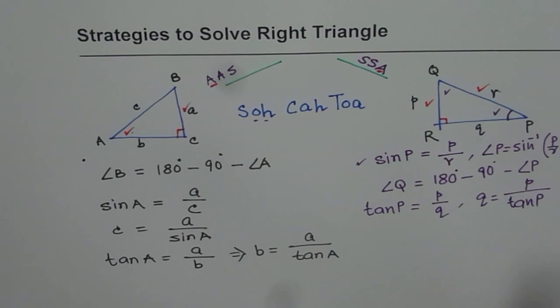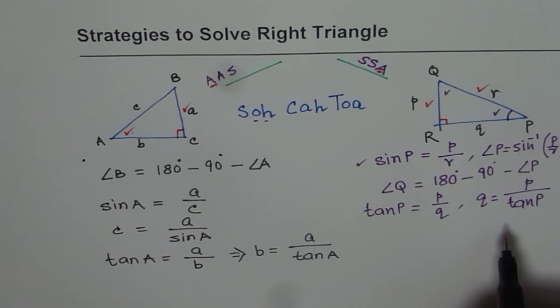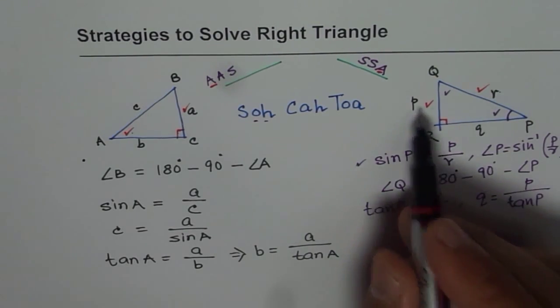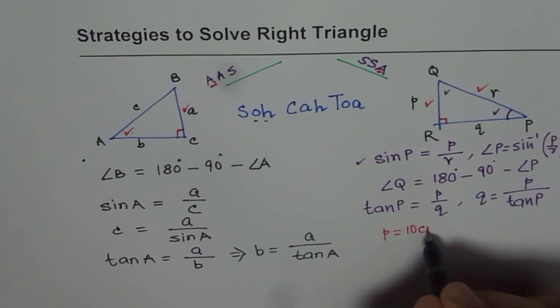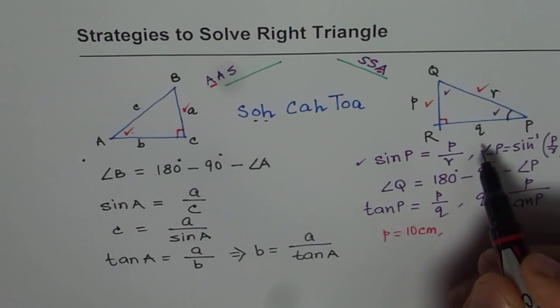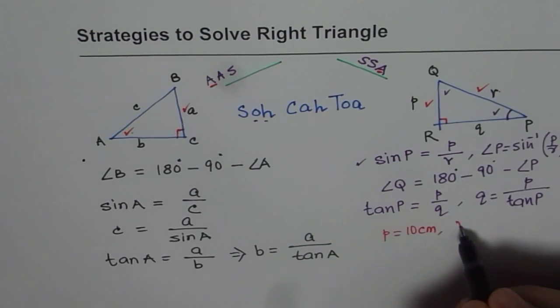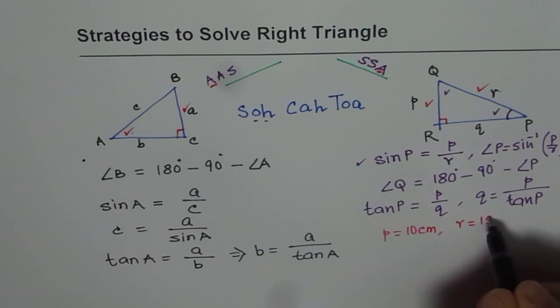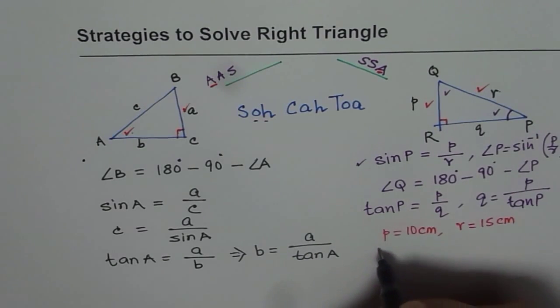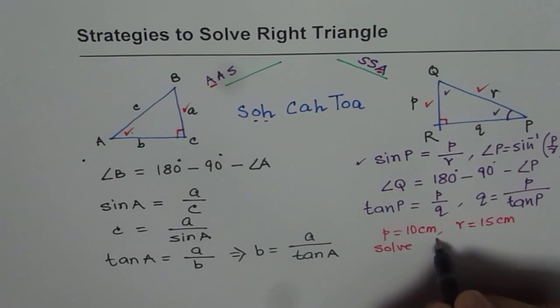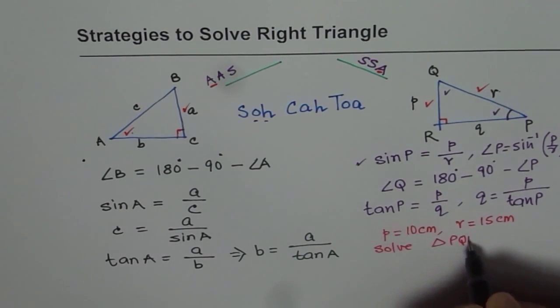So I'll put some values here and then you calculate and solve the triangle. Let us say p is known to us and p is 10 centimeters and side r is 15 centimeters, right? Solve triangle PQR.